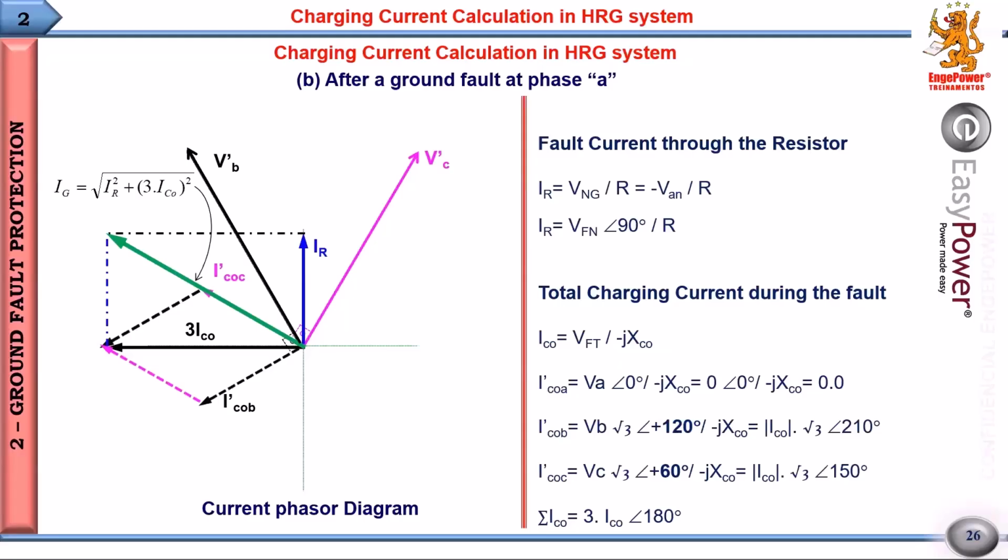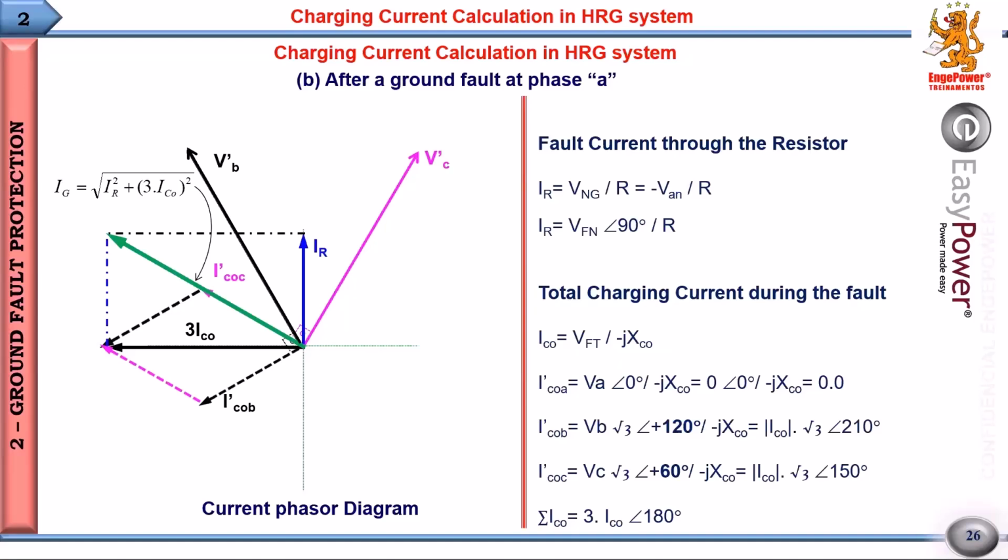And you see that IR is in phase with the voltage that promotes the neutral voltage offset. That is very important. Total charging current during the fault will be IC0, single line-to-ground fault, divided by minus jX0.